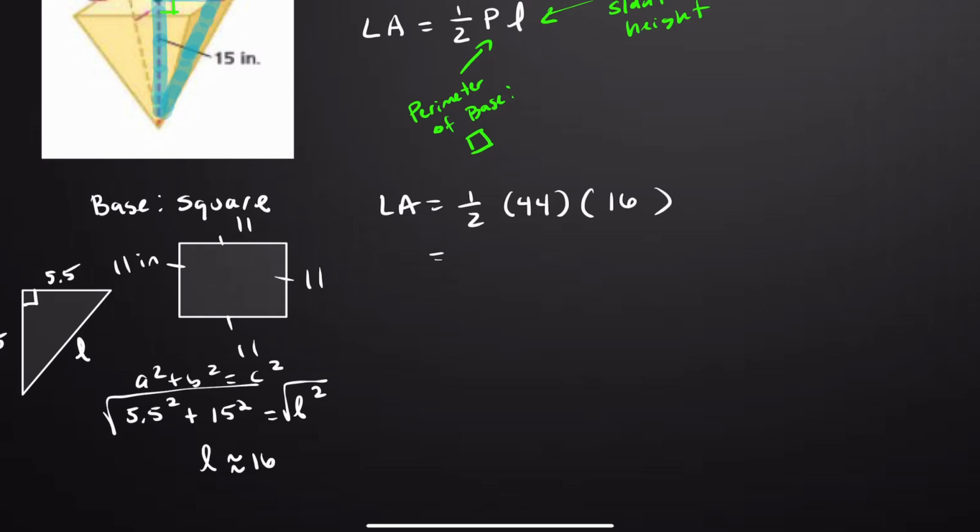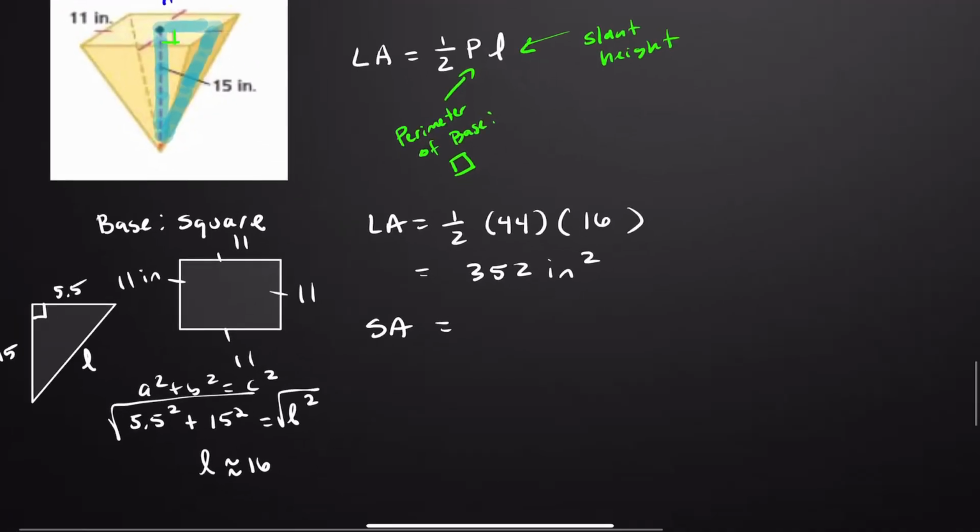So that's going to be 352 square inches. And then the surface area is the lateral area plus, well, how many bases do we have here? Well, we only have one, so instead of putting 2 times the area of the base, I only put 1, because we only have one base here.